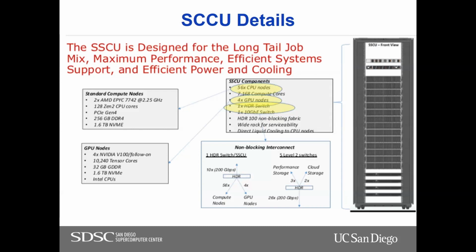Each of these compute nodes has 2 AMD EPYC Milan CPUs, from the Milan family, and then they have 4 NVIDIA V100 GPUs on them as well. Each of these Milan CPUs has 128, well, the node has 128 cores.